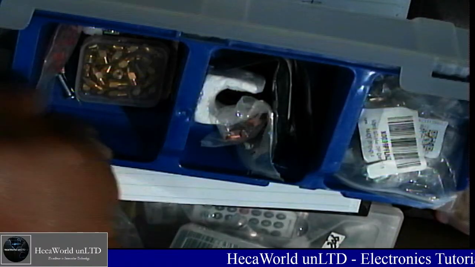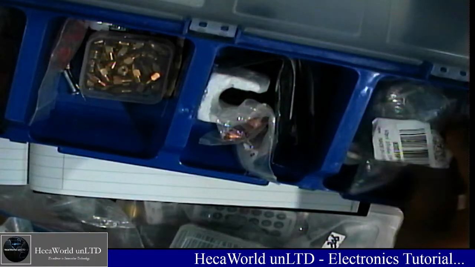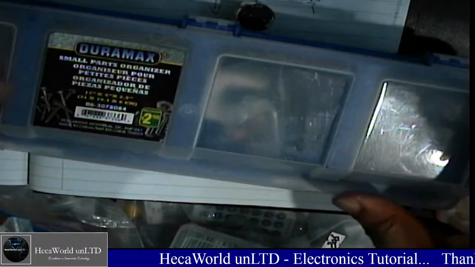If I can get a bigger one, then we can go higher. When I say bigger one, I mean in terms of voltage rating. Let's see if we can get a higher one.